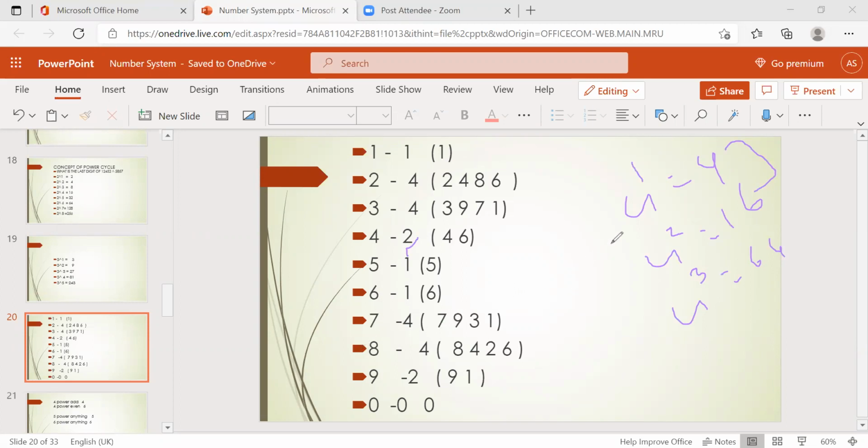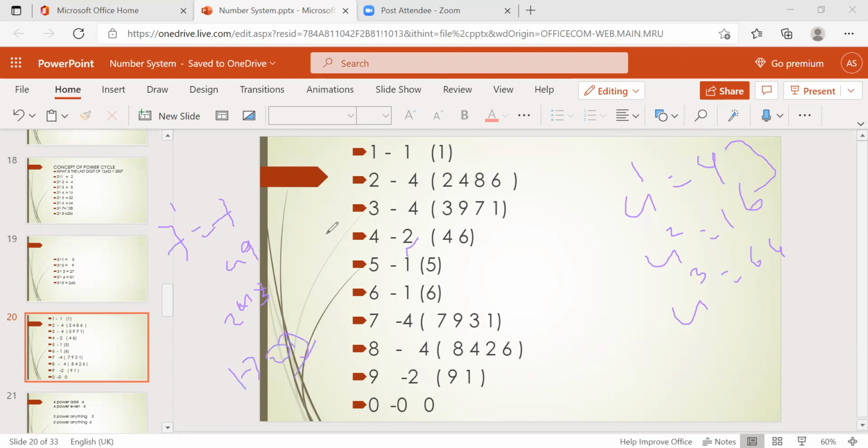And for 7, we'll just check now. 7 power 1 is 7, then 49, 343, and 7 power 4 is 2401, right?